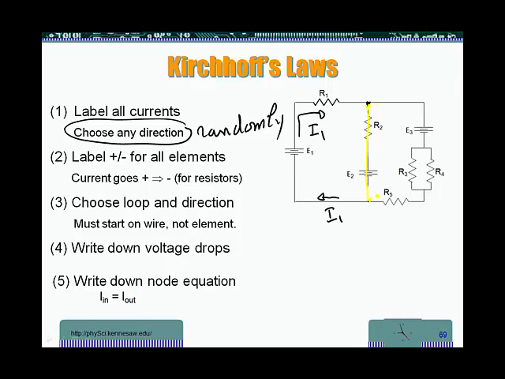Now that current, okay, I'm going to erase again the marking. I'm going to call it I2. Now how am I going to label it? Let me choose it up. Again, remember I'm doing that randomly.